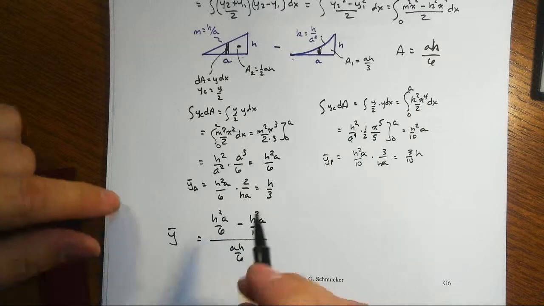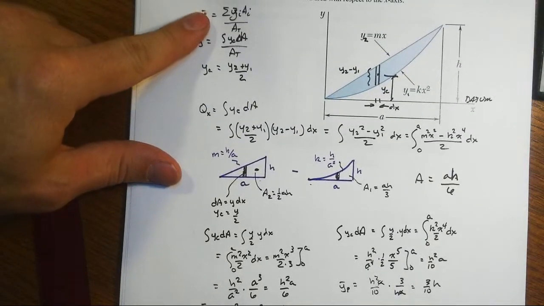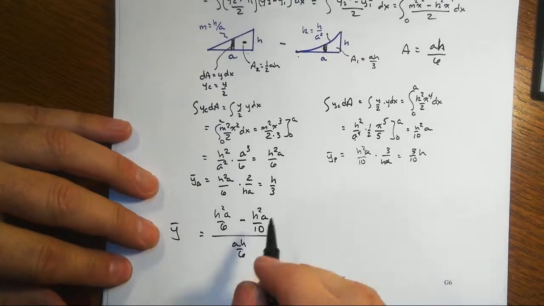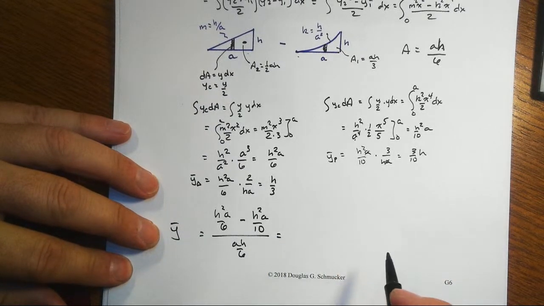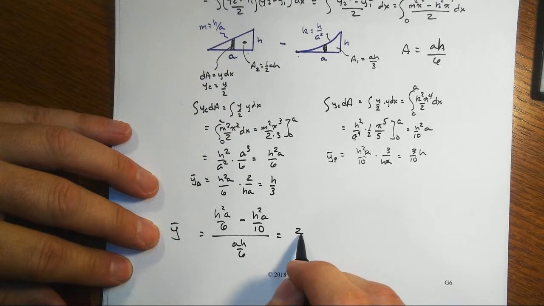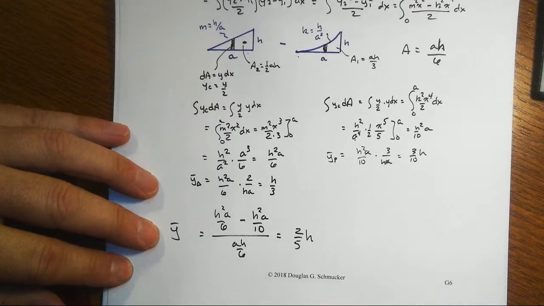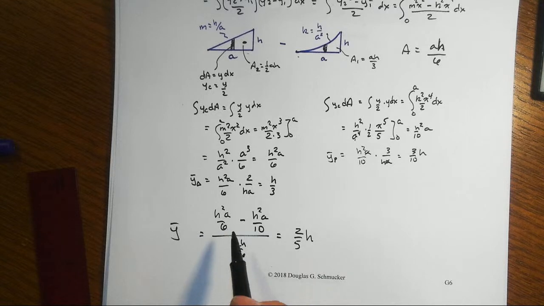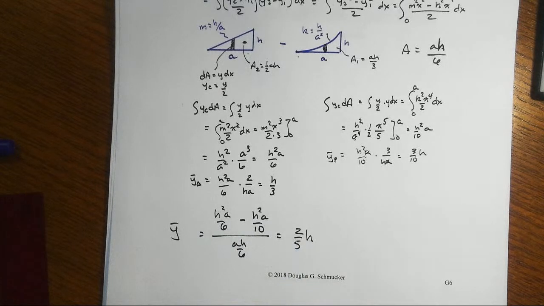This is now applying the discrete version, sum of the first moments of the individual areas. And when we simplify that, we're going to find out that that's 2/5 of h. The a goes away, we've got h squared divided by an h. This is going to turn out to be 1/6 minus 1/10 is 1/15. 6 over 15 is the same thing as 2/5 h.